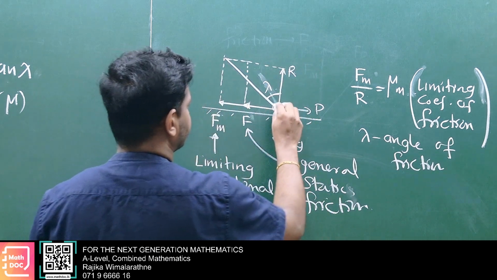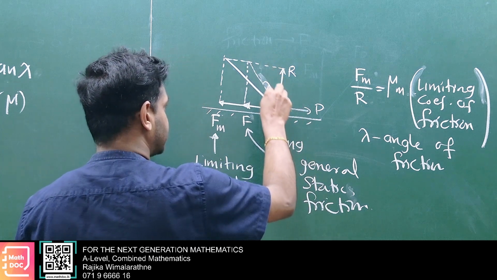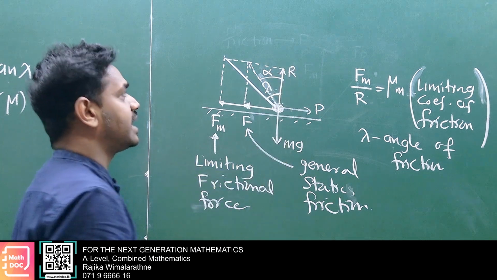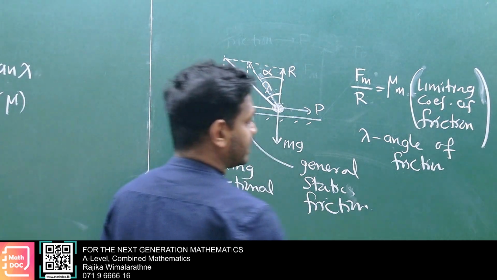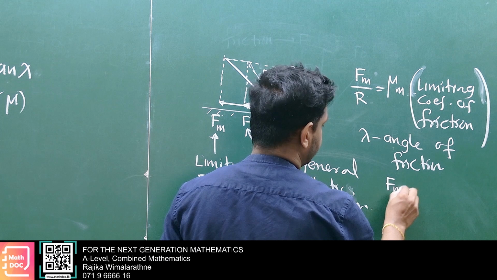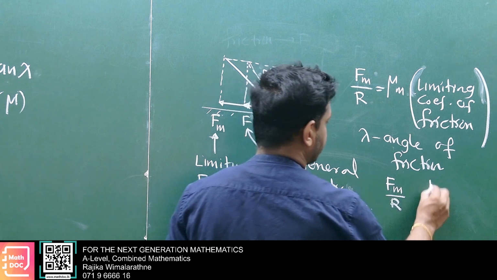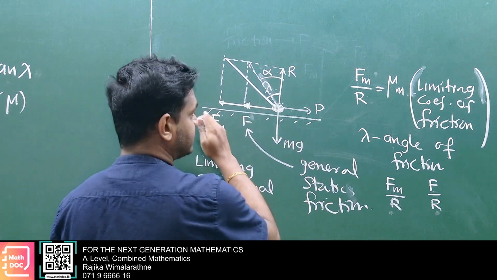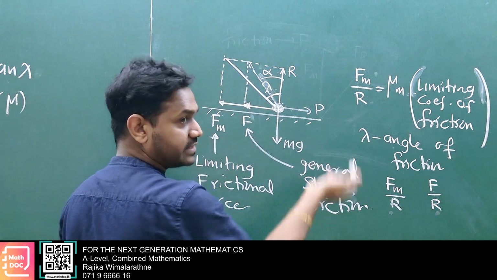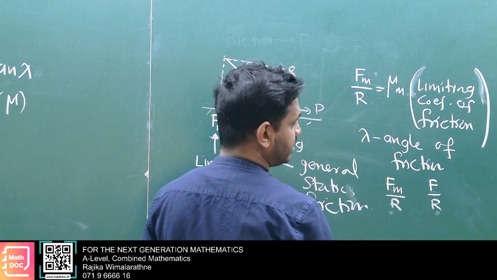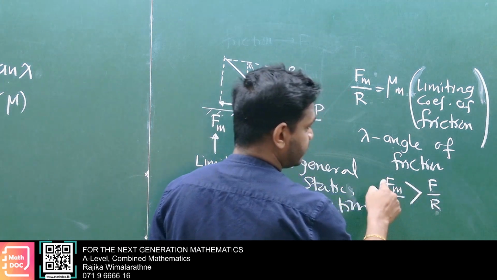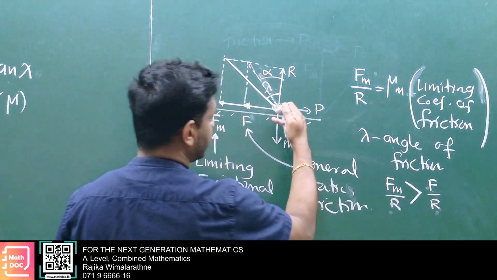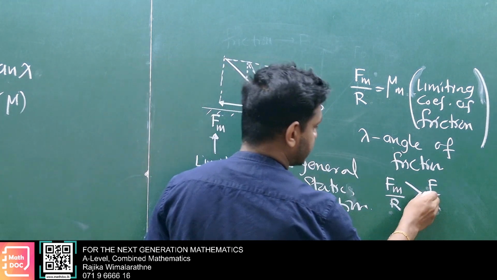For the statics case, the resultant looks like this. Now take this angle alpha. When you consider the Fm divided by R ratio and the general F divided by R ratio, R is common. Fm is maximum, and the general friction is less than Fm. For some cases F can reach the maximum, so it can be equal.